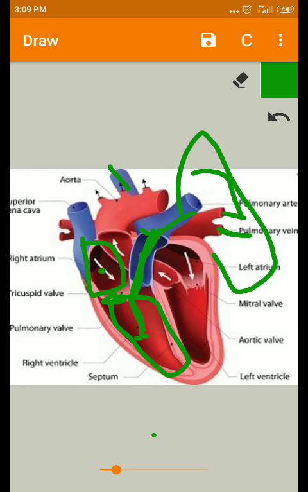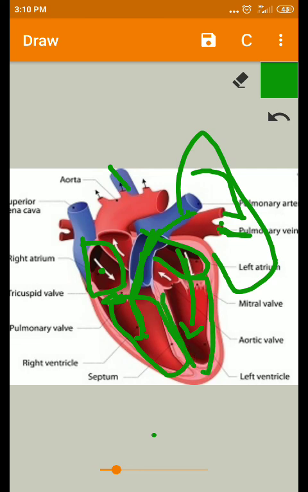So the pulmonary artery carries deoxygenated blood to the lungs, where that blood is oxygenated, and then that blood is taken over by the pulmonary veins, and it finally pours into the left atrium. When the left atrium contracts, the blood enters the left ventricle through the left atrioventricular opening, that is called the mitral valve.